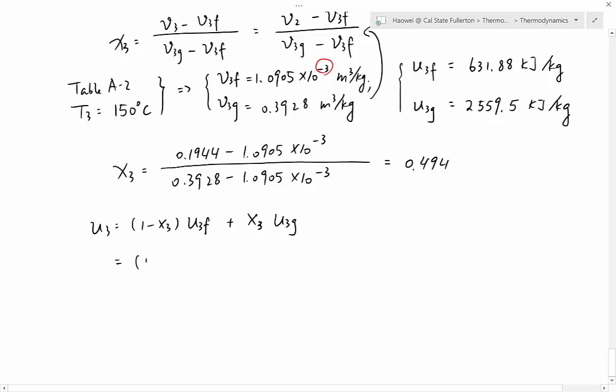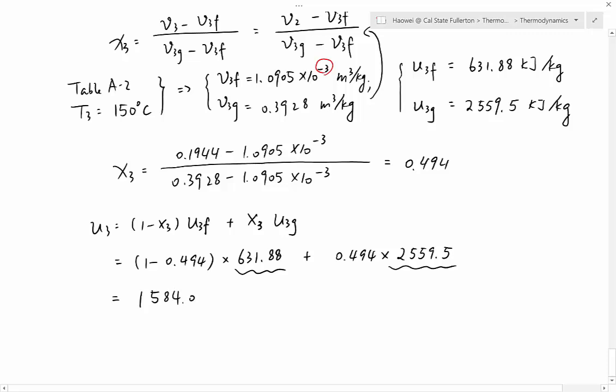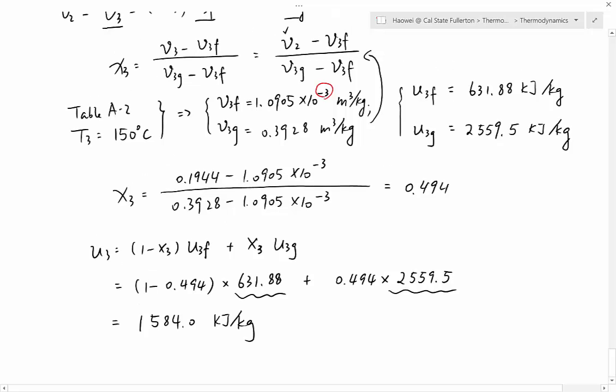We're plugging everything in: 1 minus 0.494 times u3f from the table, 631.88, plus 0.494 times u3g, 2559.5. Be careful about those two numbers because they have the unit of kilojoule per kilogram. So our solution, 1584.0, must also have the unit kilojoule per kilogram because quality doesn't have a unit. So this is how you find u3.